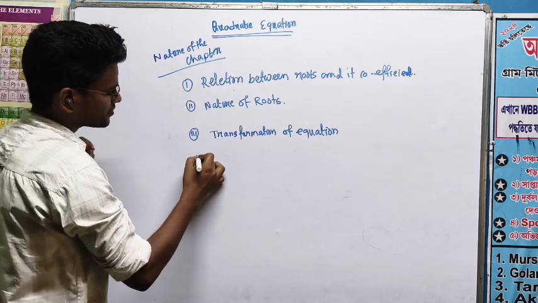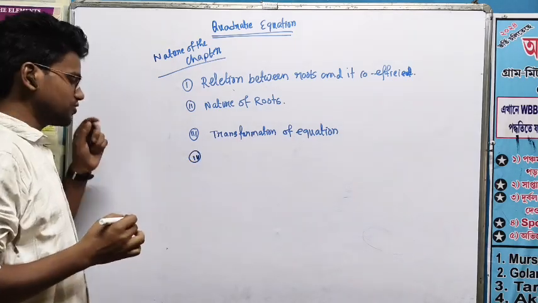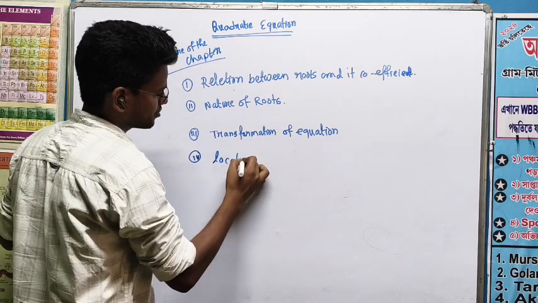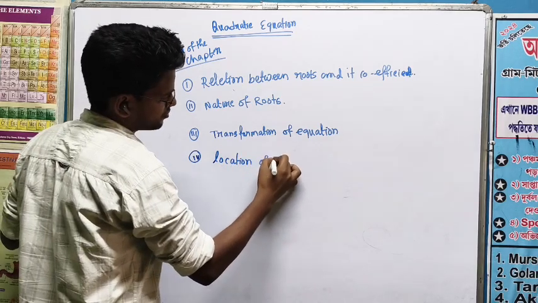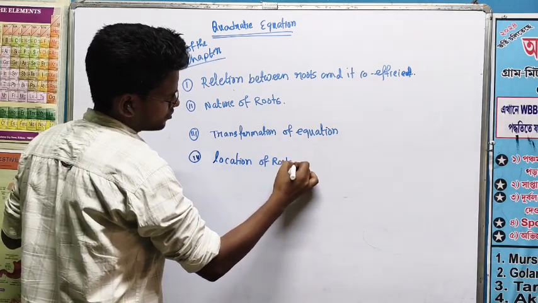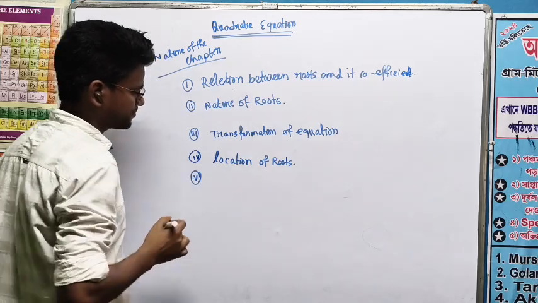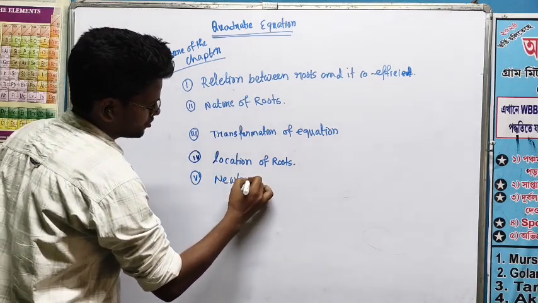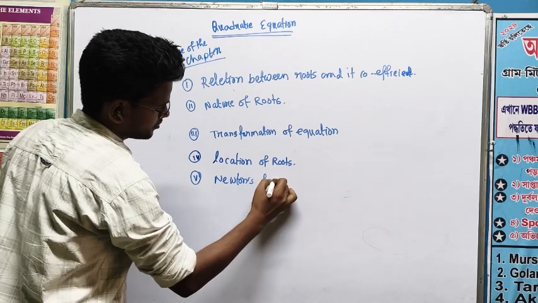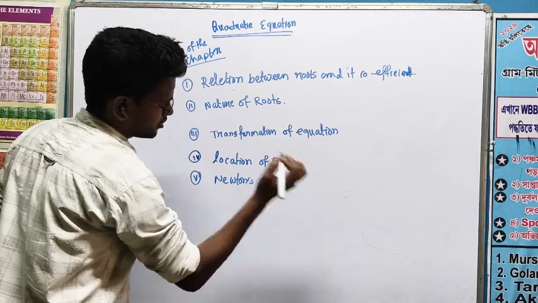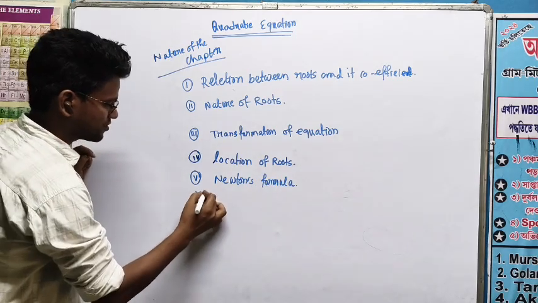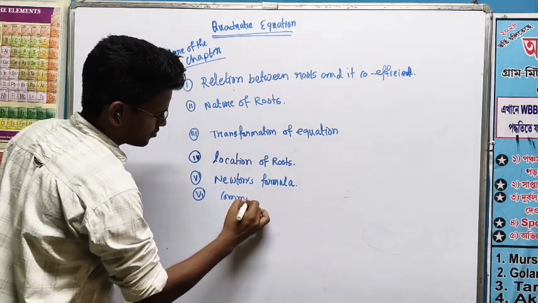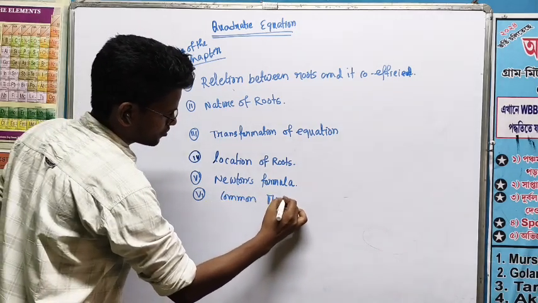Okay, and fourth is locations of roots. Okay, fifth is Newton's formula. Sixth is common roots.